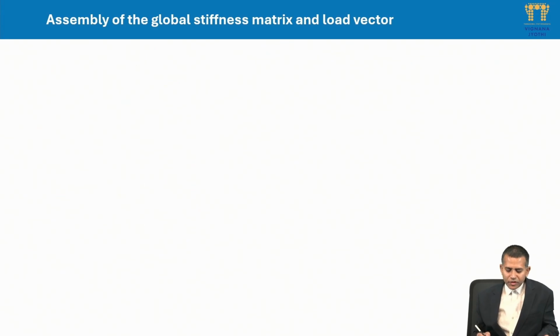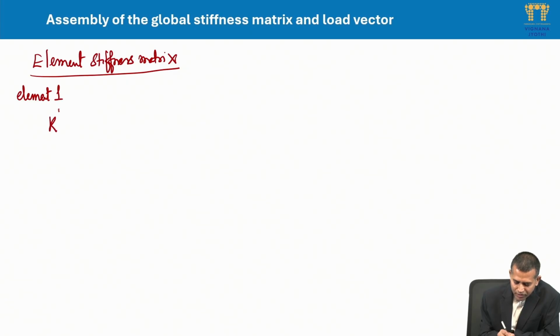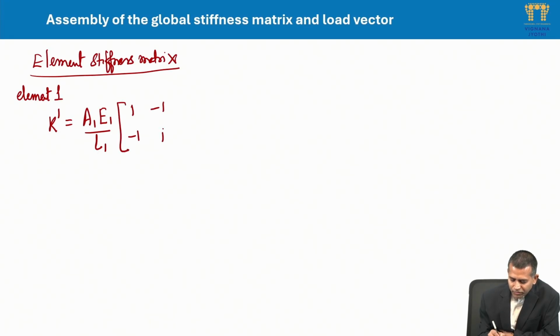If you remember the element stiffness matrix, so if I take element 1, I'll have the element stiffness matrix K1, that is the cross-sectional area of that element times the Young's modulus of the element over the length of that element, times [1 -1; -1 1].